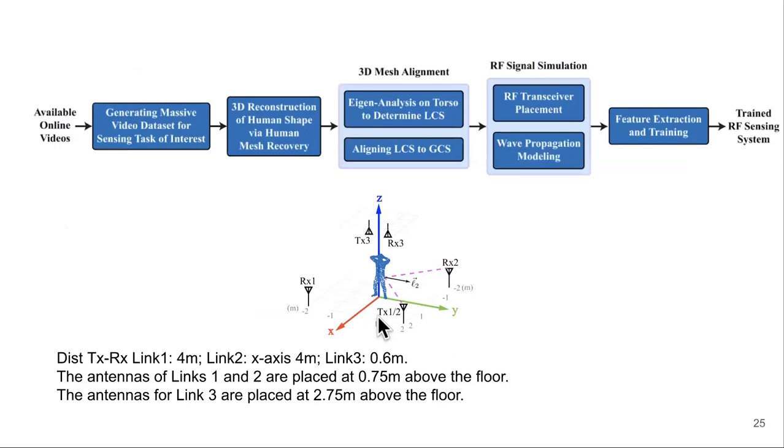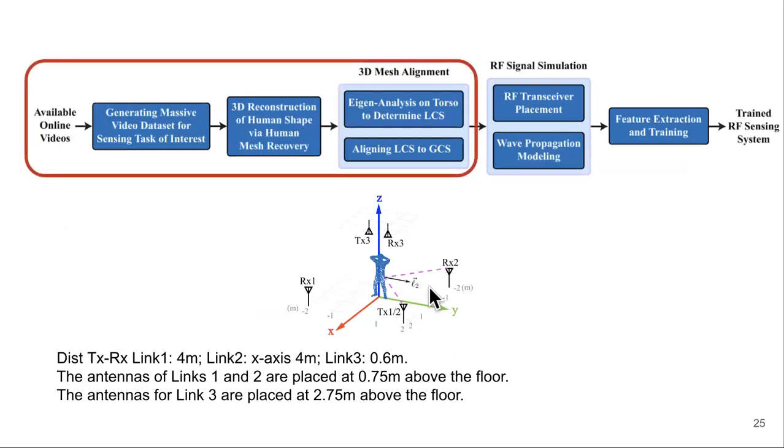Then we do the same steps presented in the previous slides that extract the 3D mesh of the person doing the activity from the video, who is placed and oriented in the global coordinate system, as well as the Wi-Fi transceivers in the locations described, where the TX-RX separation distances for links 1 and 2 are 2 meters each, and the TX-RX distance for link 3 is 0.6 meters.